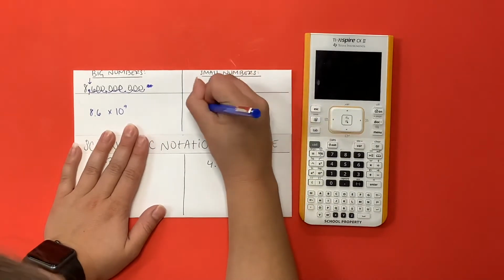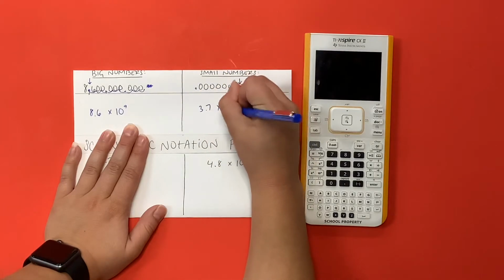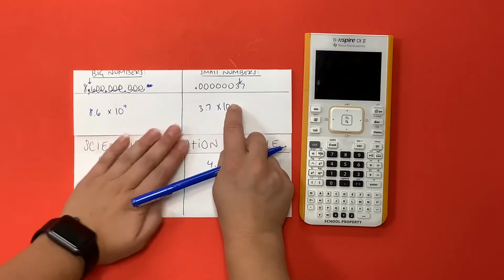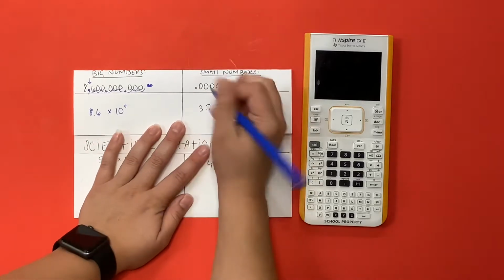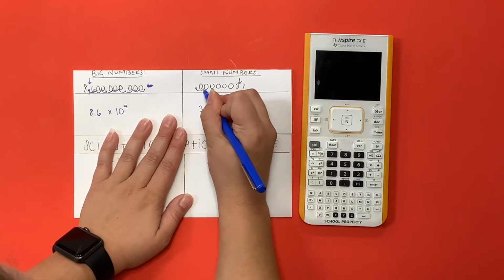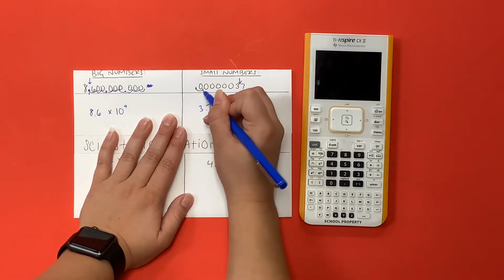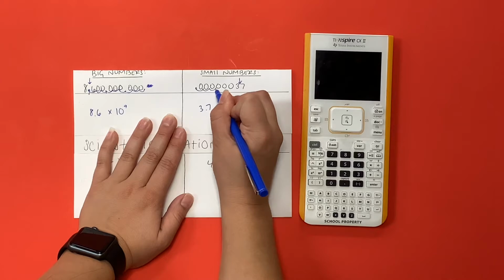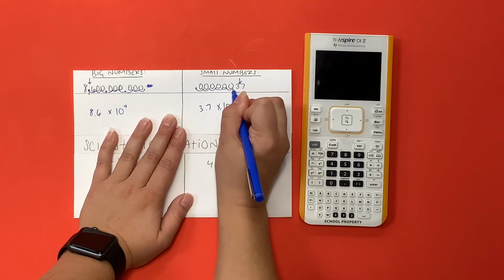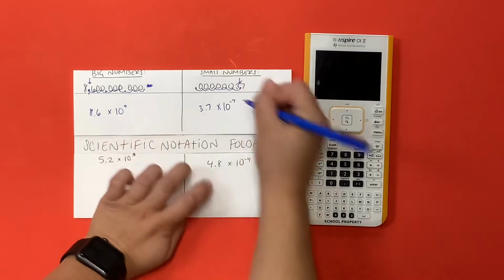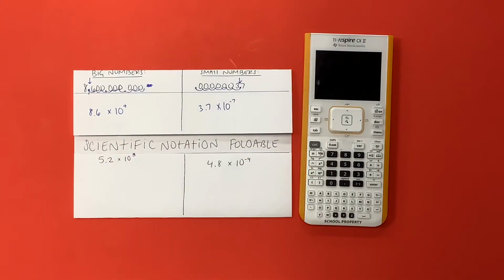I'm still gonna have 3.7 times 10. I'm just gonna have a little exponent up here that's gonna be negative because this is a small number. So I'm gonna go from here to there, all the way to here. Let's see how many times I have to move it. 1, 2, 3, 4, 5, 6, 7 times. So I have a -7 as my exponent.